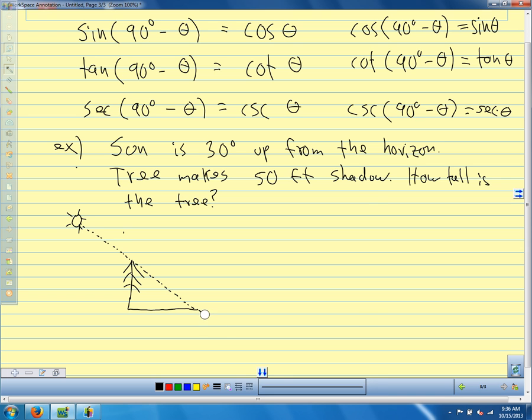And we're saying that the tree is a nice vertical tree. It makes a 90-degree angle from the ground. And this angle, the sun is up 30 degrees, and the shadow is 50 feet long. And we want to know how tall the tree is. So what are we going to do here?